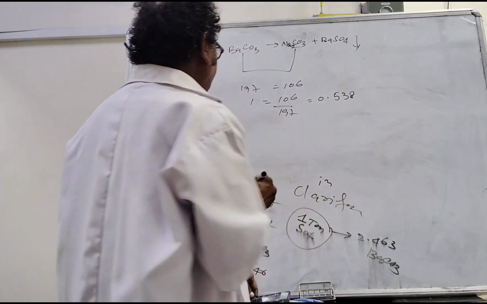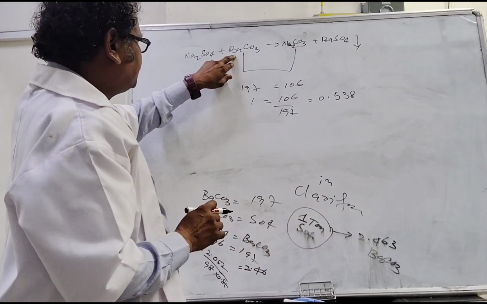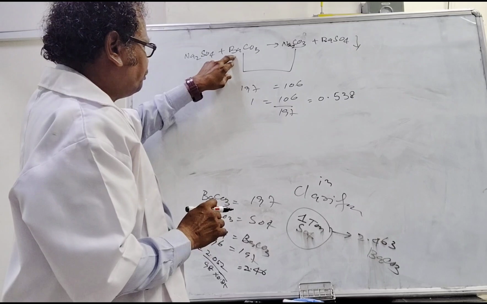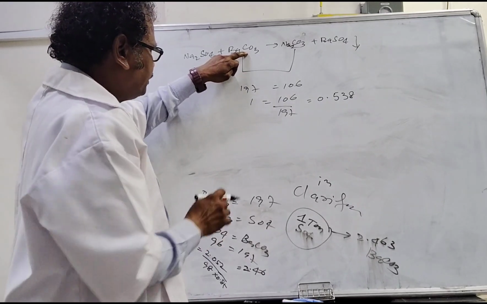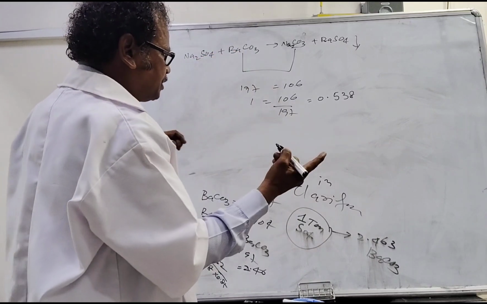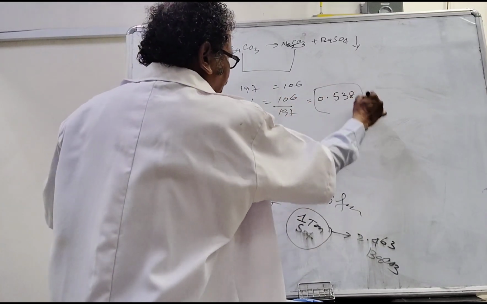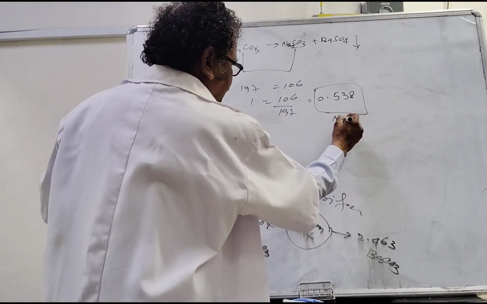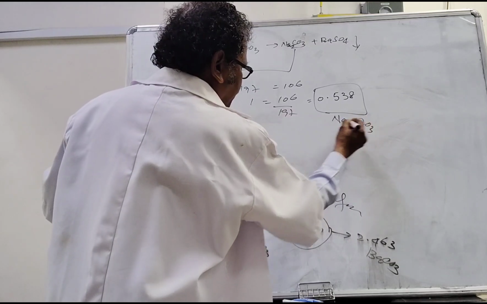So it gives 0.538. So you see here, from this double decomposition reaction, when you are charging barium carbonate, from the side reaction you are getting sodium carbonate, Na2CO3.